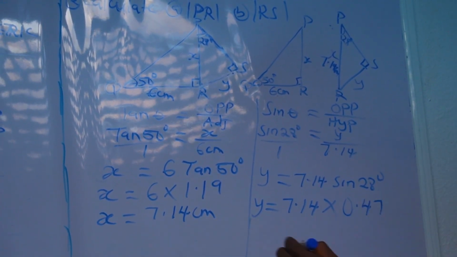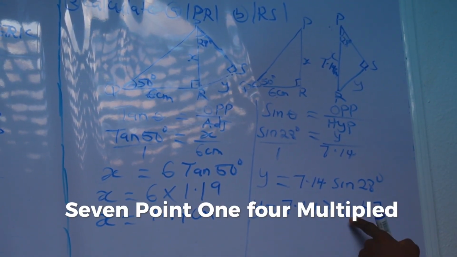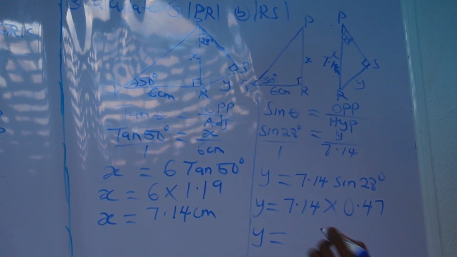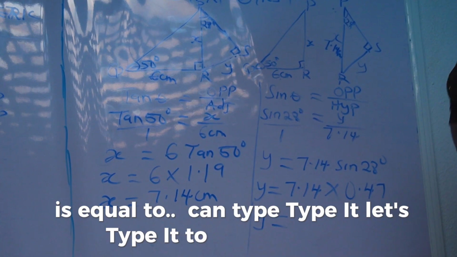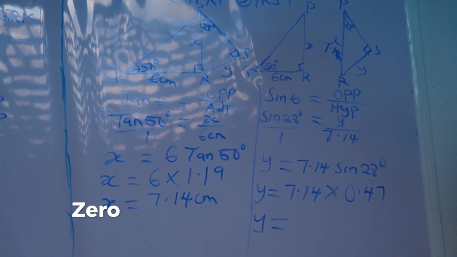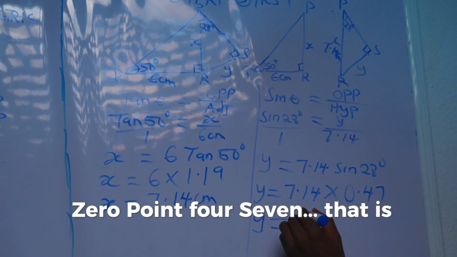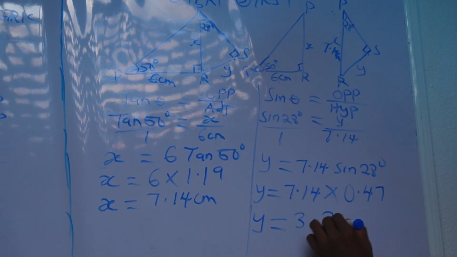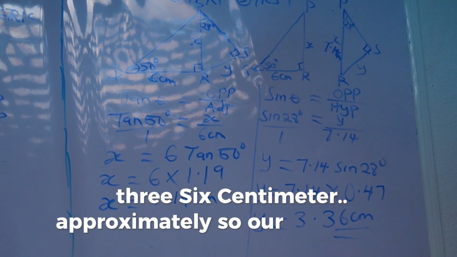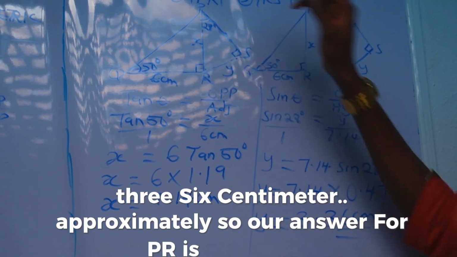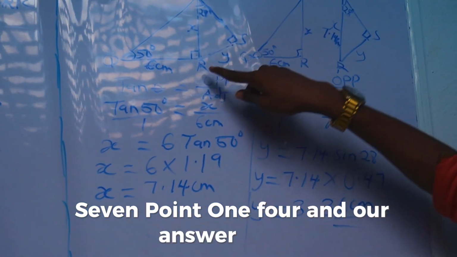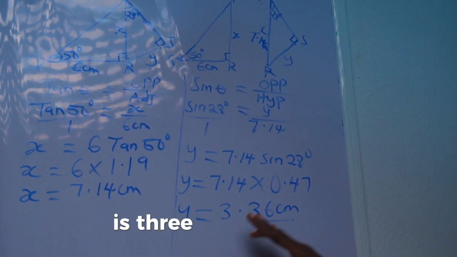So if you multiply 7.14 multiplied by 0.47, our final answer, which is y, is equal to, let's type it to our calculator, 7.14 times 0.47. That is 3.36 centimeter approximately. So our answer for PR is 7.14, and our answer for RS is 3.36.